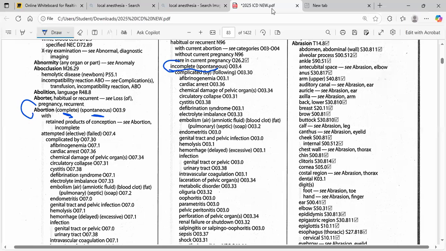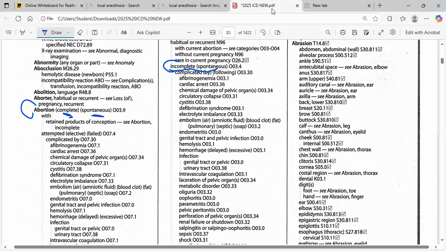And if all the product of conception has moved out of the body, in that case, we are going to consider it as a complete abortion. So complete abortion means nothing left in the body which is related to the product of conception, and incomplete means there is a retained POC. Retained POC means retained product of conception.